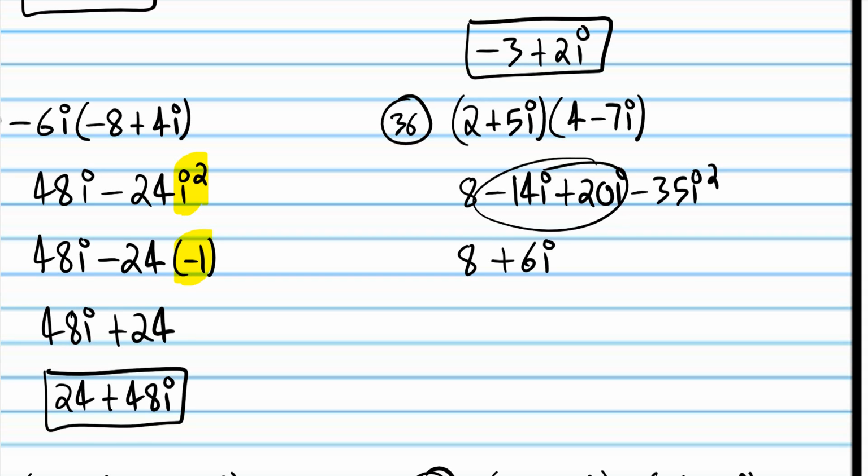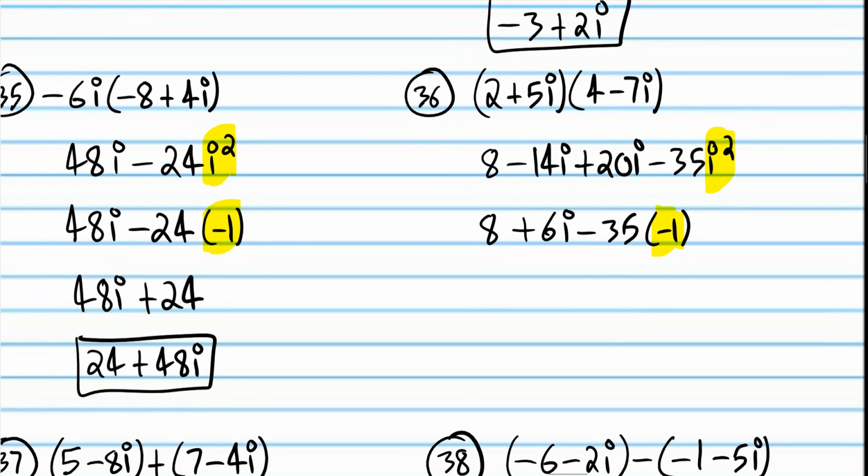So now we can combine like terms. Negative 14i plus 20i is 6i. And i squared, as we talked about previously, is negative 1. That's what makes it imaginary.